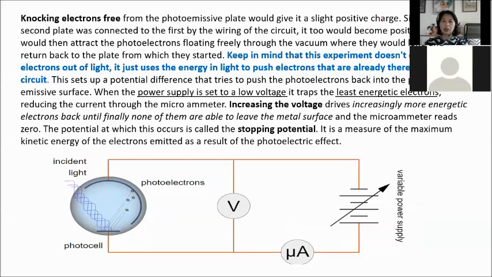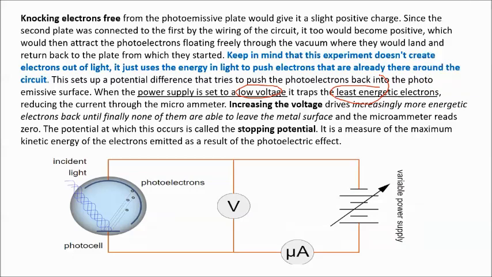When the power supply is set to low voltage, it traps the least energetic electrons, reducing the electric current through the microammeter.